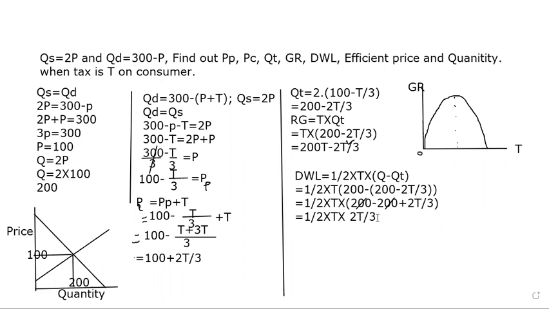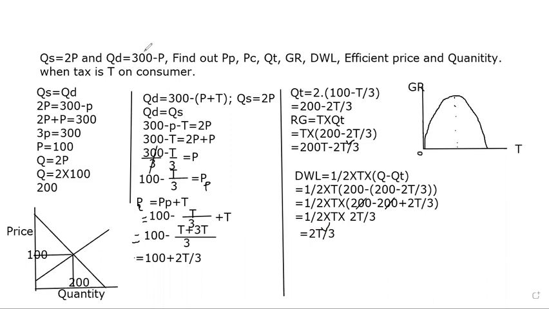Right now we'll have 2t squared divided by 3. So we should put the square below here. This 2 and this 2 will be crossed, and this will be our deadweight loss.